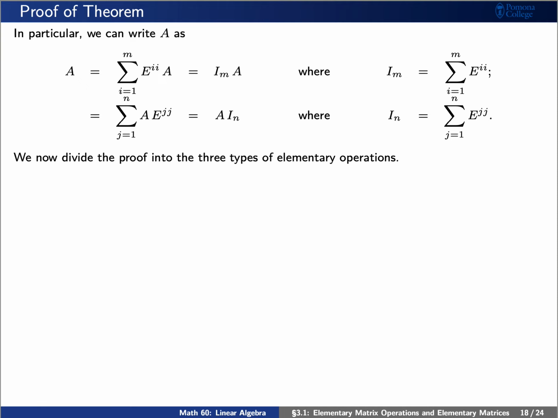Now, in order to prove the theorem, we're going to divide our proof into 3 types of elementary operations. First, let's look at type 1, where we interchange either rows or columns.